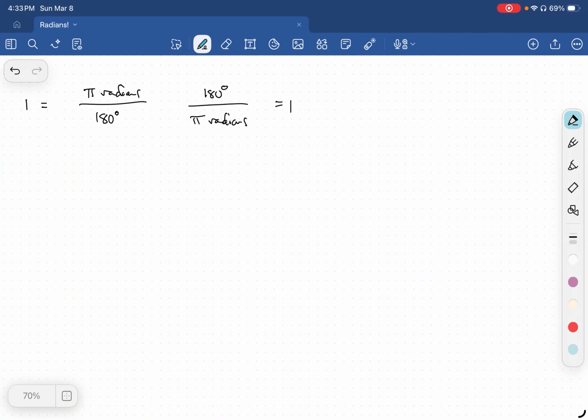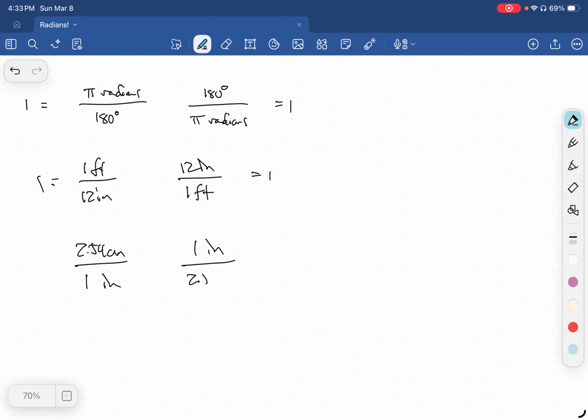It's very similar to when you've converted things from, say, 1 foot to 12 inches, or 12 inches to 1 foot, right? These fractions are equal to 1. Or maybe you did 2.54 centimeters is equal to 1 inch, or 1 inch is equal to 2.54 centimeters. These fractions are equal to 1, and they allow us to convert how we measure things. So we are going to be doing something similar with angles. So let's say we want to convert to radians.